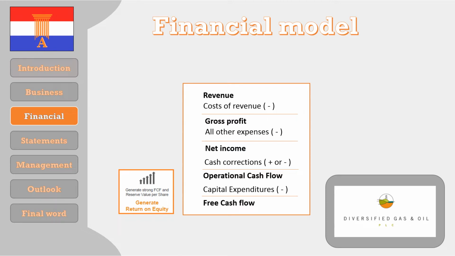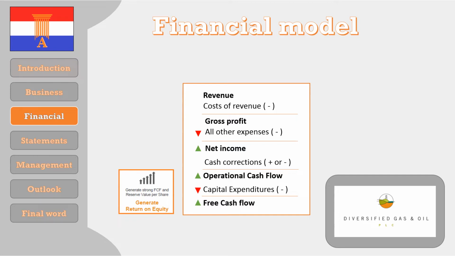What needs to happen for the free cash flow to grow? That's what we want to know. It can grow in many ways, but one way would be to reduce capital expenditures, or you can increase your operational cash flow. And maybe a bit obvious, but you can also increase your net income.